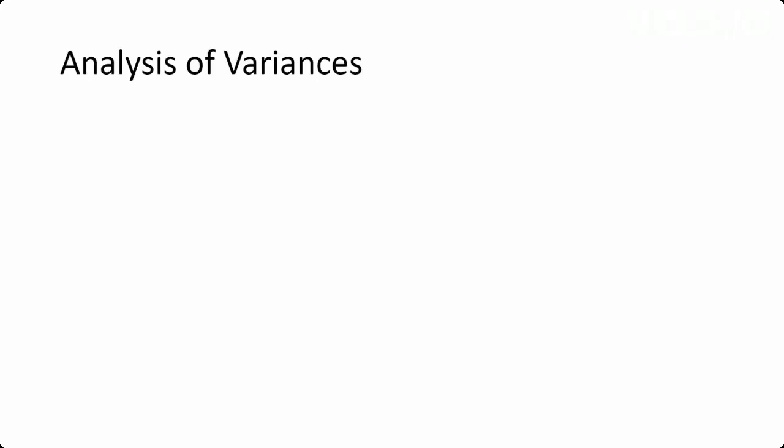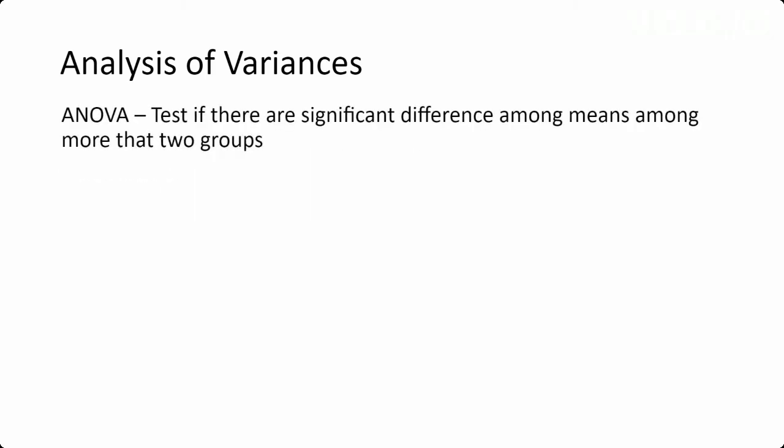So we move to analysis of variance, ANOVA in short. This one tests if there is a significant difference among means in more than two groups. Ignore the wording there, I think there's a repeat in the word among.